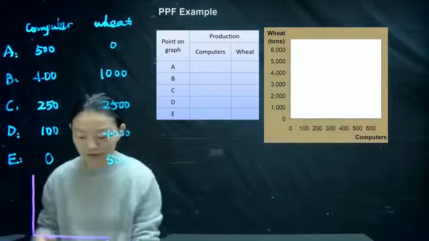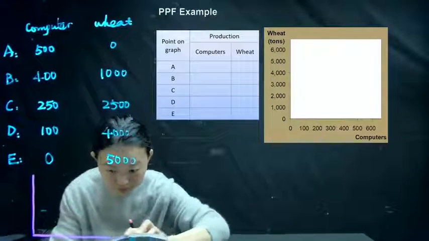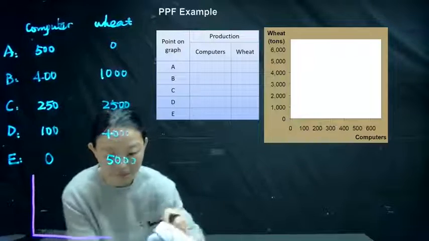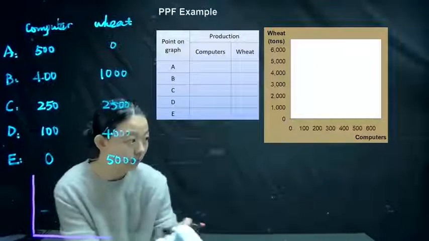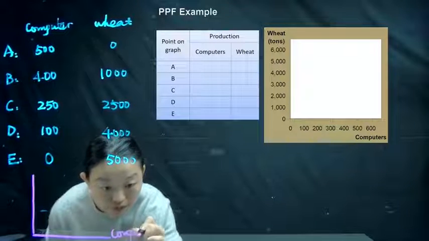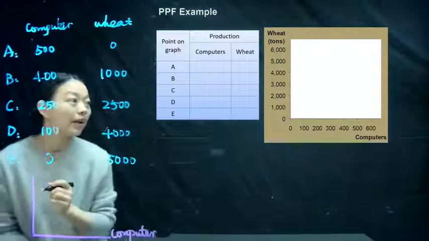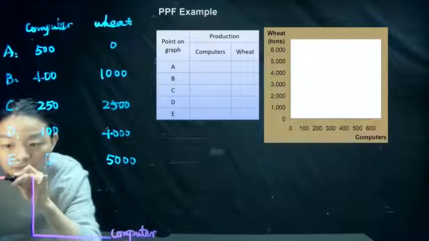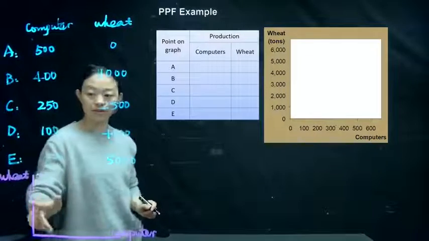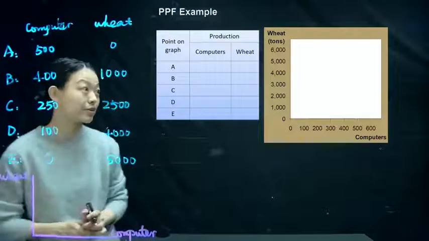Can you see that? I will put computers here. This will be computers. And then I will put weight on the vertical axis. So we have the weight on the vertical axis and computers on the horizontal axis.